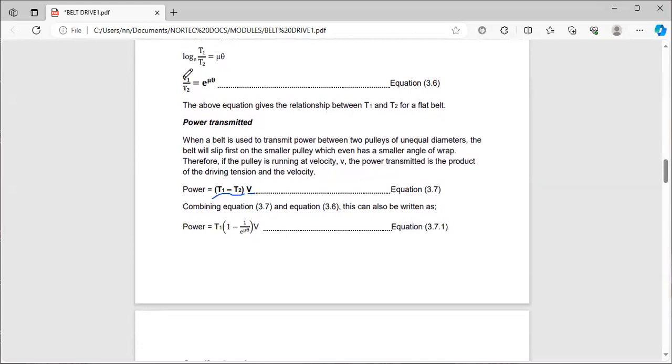Then if you go back to that relationship, you substitute and make T2 the subject of the formula. It simplifies to T1 outside the brackets, then 1 minus 1 over e power mu theta, and you're multiplying everything by the velocity V.